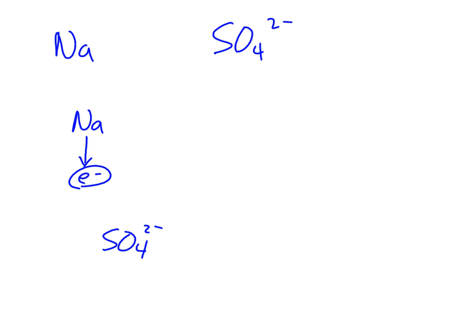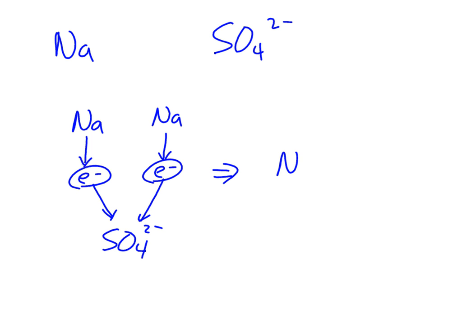That sulfate wants 2. So that 1 electron for the sodium won't quite be enough. So I'm going to need another sodium atom to give up another electron to satisfy that sulfate. So here we would have 2 sodiums that would be needed to balance out with the sulfate.